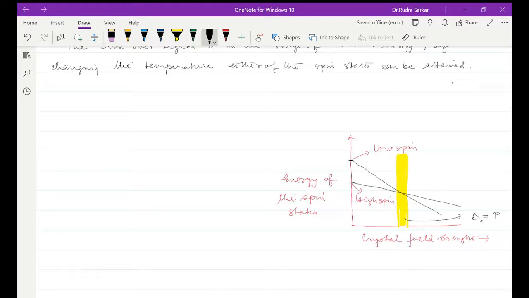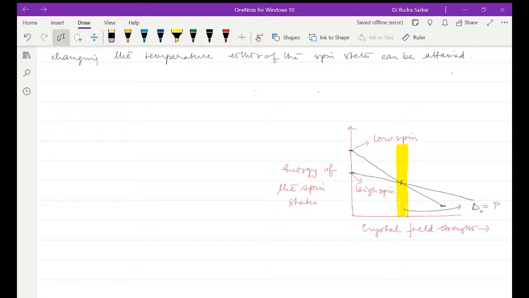That means high spin is more accessible, but as we are increasing the field strength, that means we are increasing the gap. It crosses to this point. The low spin state becomes more accessible than the high spin state. Okay, that means as the energy gap increases.